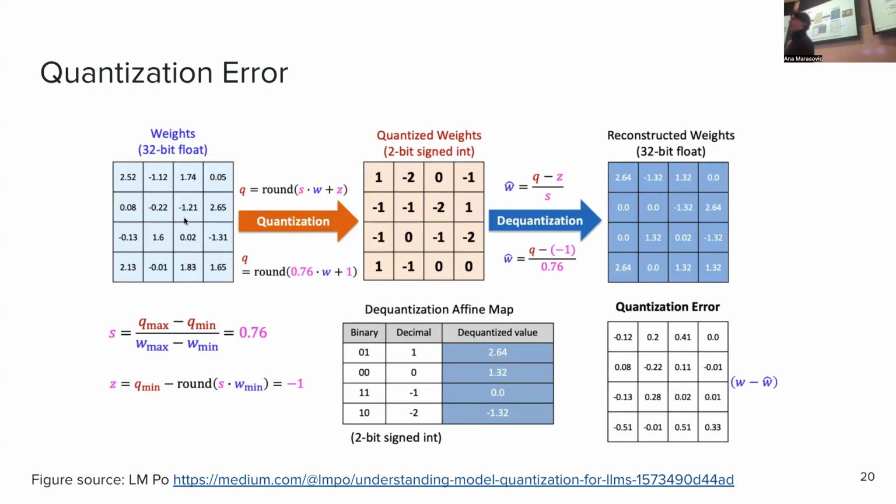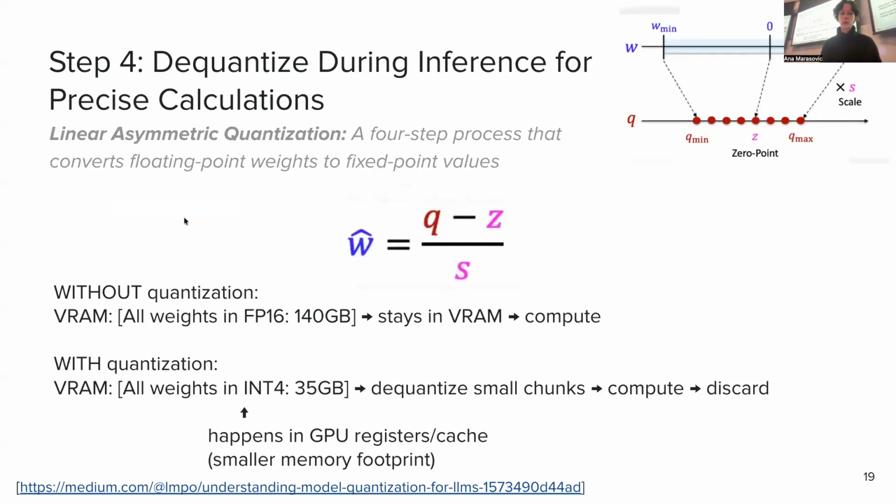However, when we actually want to do computations for a given batch of data, we are not working with quantized values. Rather, we take just a single batch of data, and for it, we are going to reconstruct the weights. And for reconstruction, we are going to use this equation.